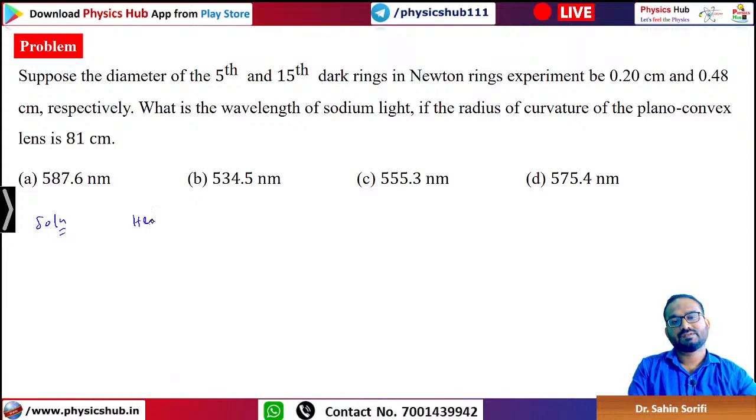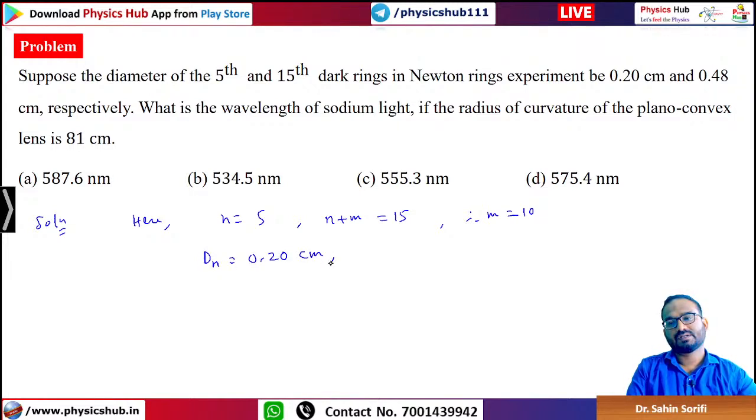Okay. So here what is given? n is equal to 5, n plus m is equal to 15. So m is equal to 10. dn is equal to 0.20 centimeter. dn plus m is equal to 0.48 centimeter. Radius of curvature is 81 centimeter. So what will be the value of lambda?